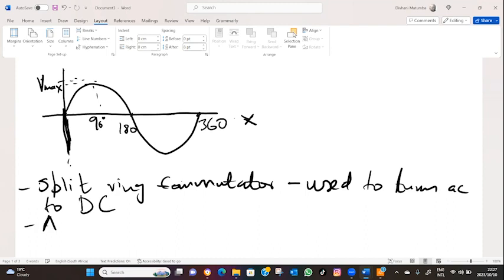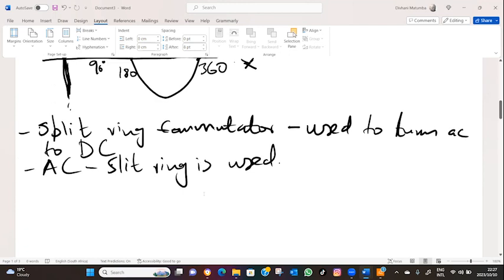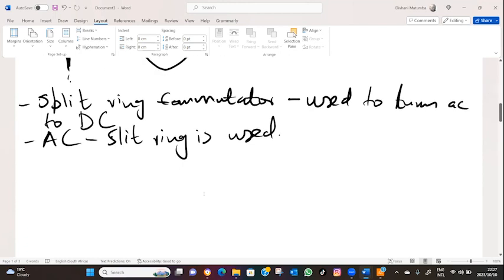Now for AC, a slip ring is used. Okay. Although I won't be able to draw the whole setup, I'm not that good with it.